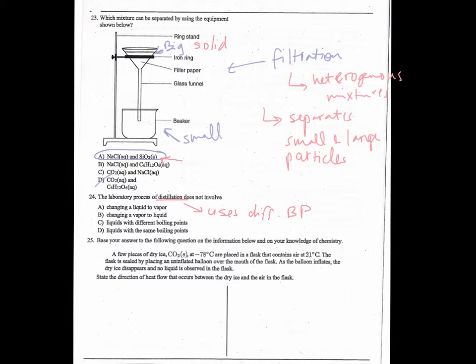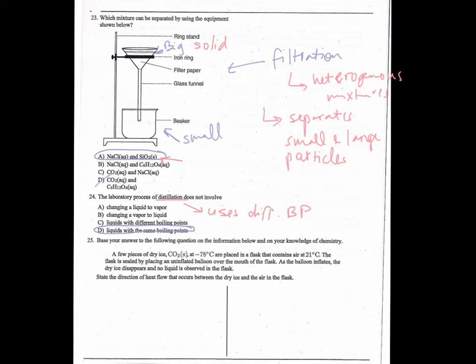It must have two different boiling points, the two things you're separating. If you think about it, if you're trying to separate two things with the same boiling point, they're going to both evaporate together. So if they have different boiling points, one boils first, then you're left with the other, so you're able to separate it. So it has to use different boiling points, so it cannot use the same boiling point.